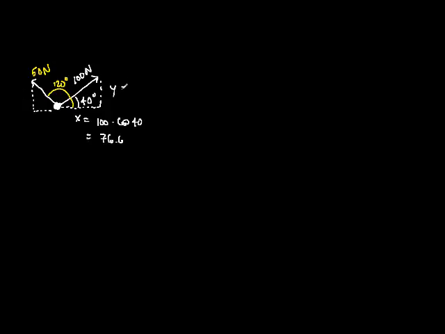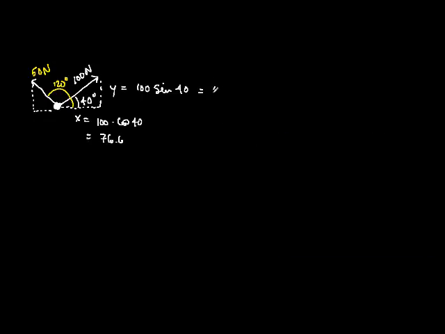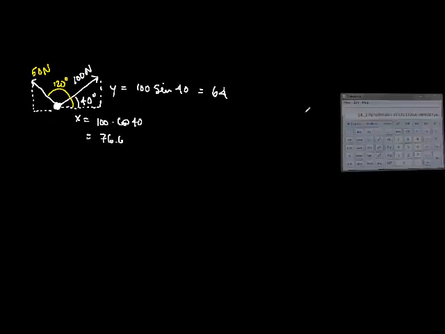And the y component is 100 sine 40. And with a calculator, 100 times sine of 40 is 64.3, we'll say.